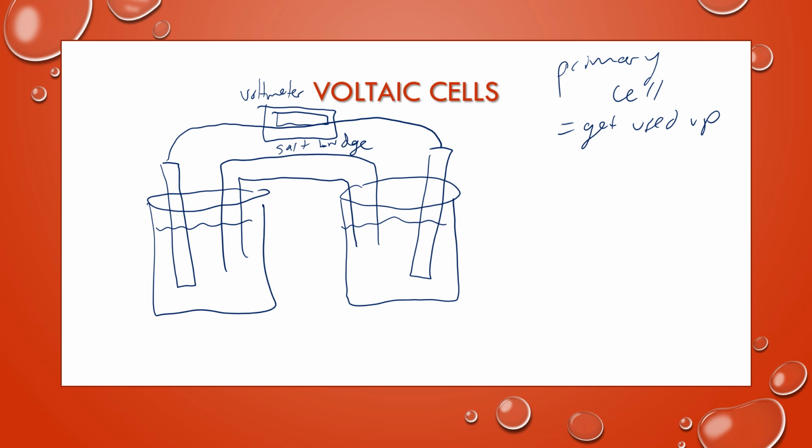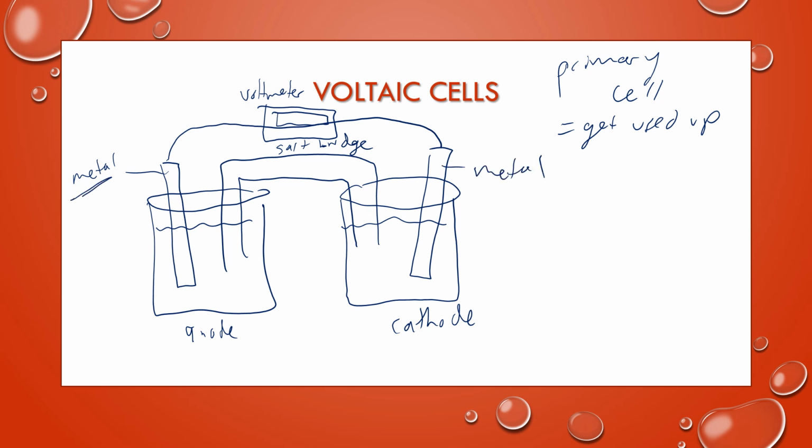Now, let's talk about what these things are made up of. So you have your metal, and let's go ahead and call this the anode, and we'll call this one the cathode. But be careful, the anode is not always on the left. I just happened to put it this way. And this is your metal.